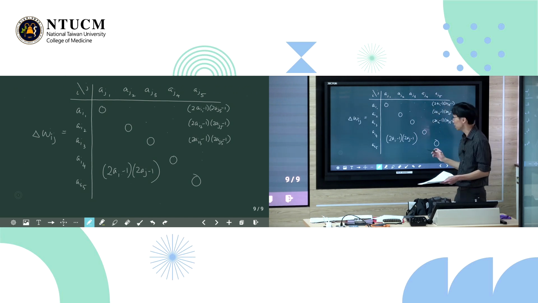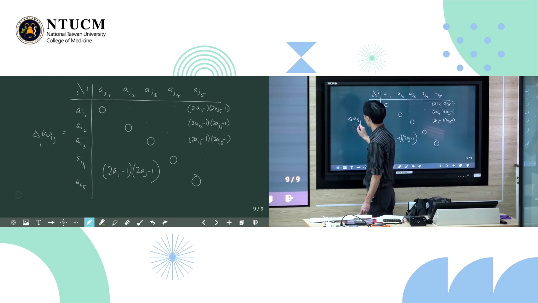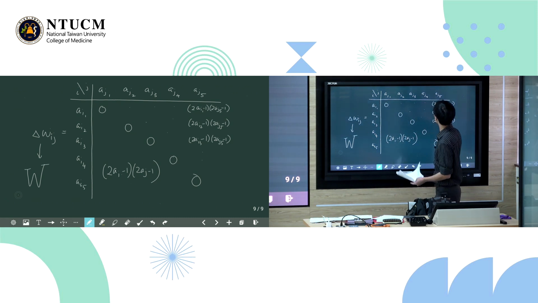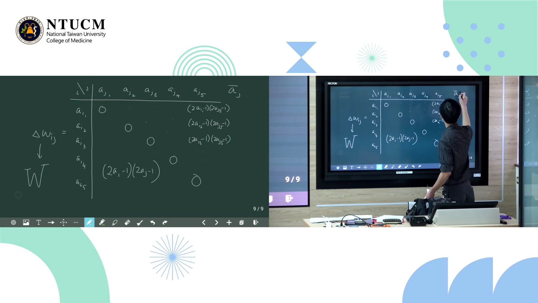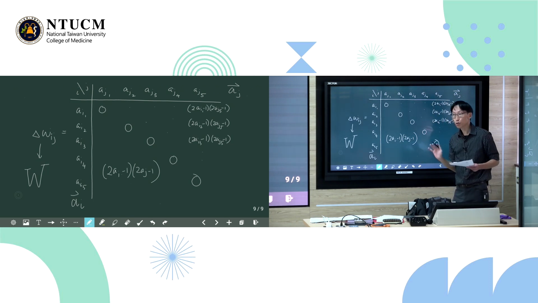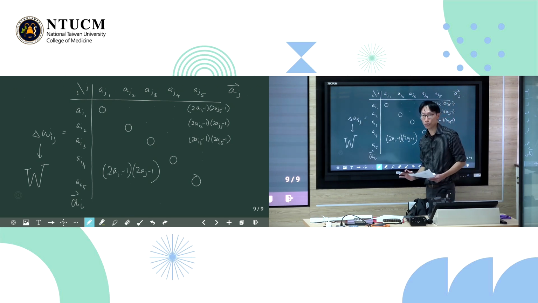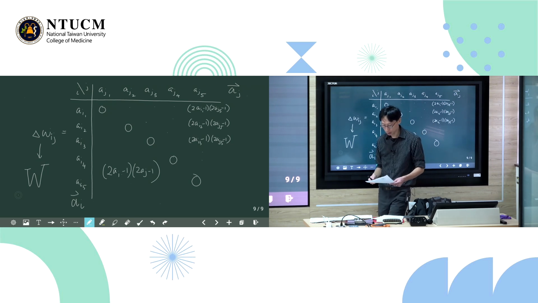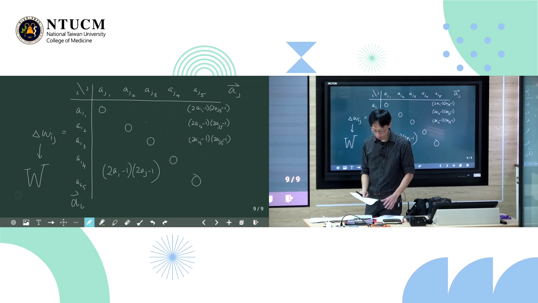Okay, so this is the array. This is the array W, relative to the vector J and the vector I, AI. You have these three variables that Hopfield works with in his model.